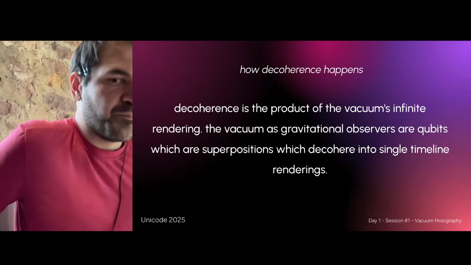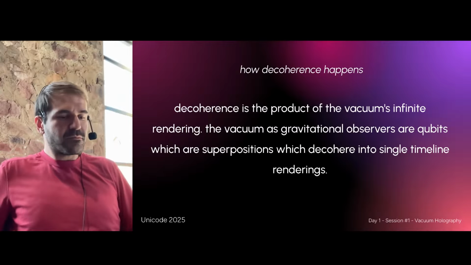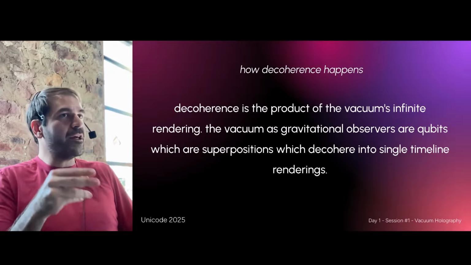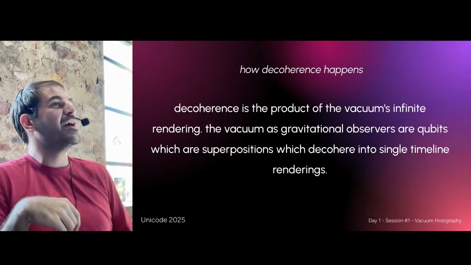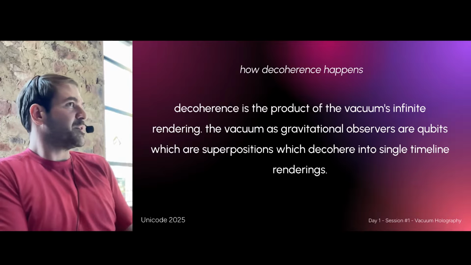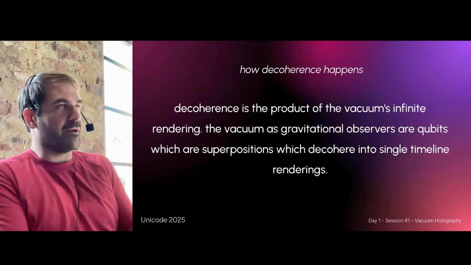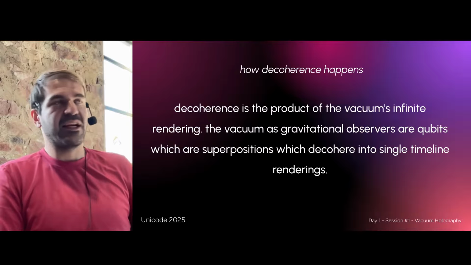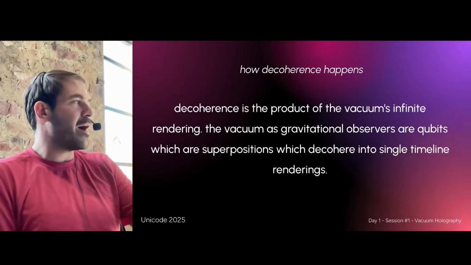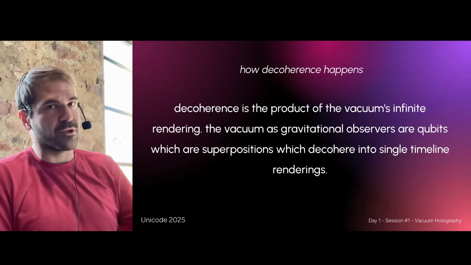Decoherence is what happens when the coherent gravitational singularity, which is a superposition of all possibilities, renders a single specific timeline. That's what we're reclaiming it for. It's not an environmental phenomenon that can happen without the observer.